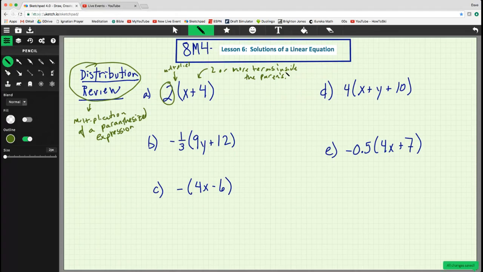Okay, so our terms are groups of symbols that are separated. Terms, remember, are separated by addition and subtraction signs. So here we have one term. This is term 1, and this is our term 2, because they're separated by an addition sign.